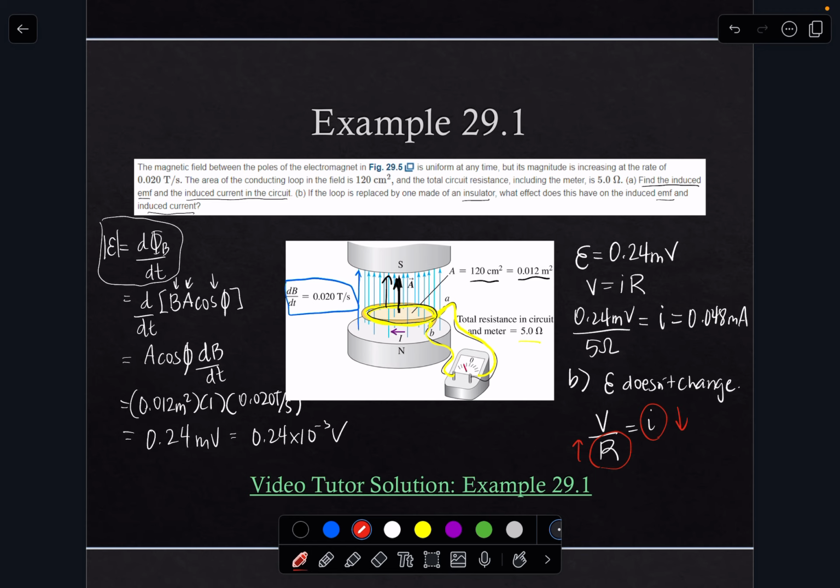So the current that is a result is going to be very, very small, much smaller than 0.048 milliamps. So while the EMF doesn't change, the current will decrease if we replace that coil with an insulator.